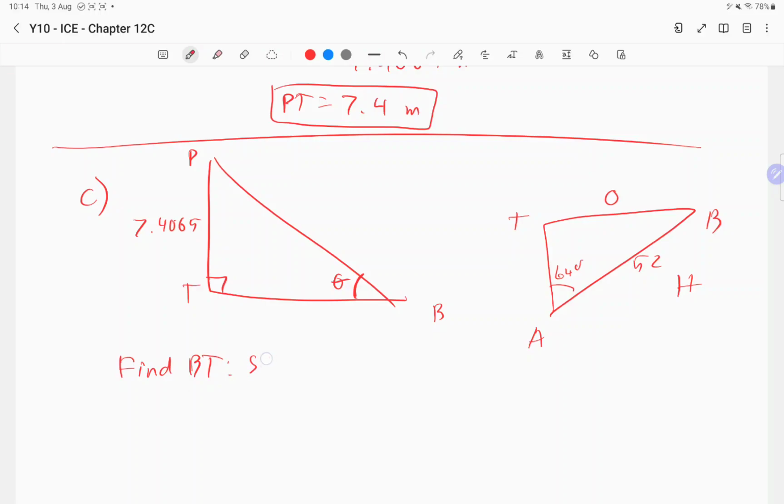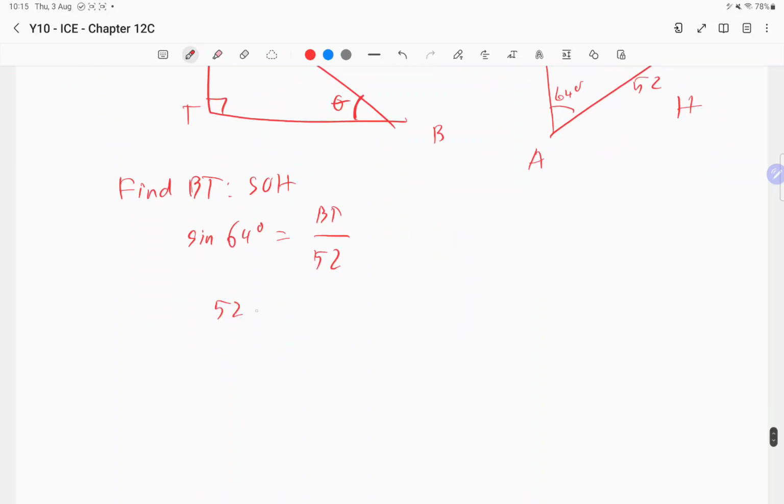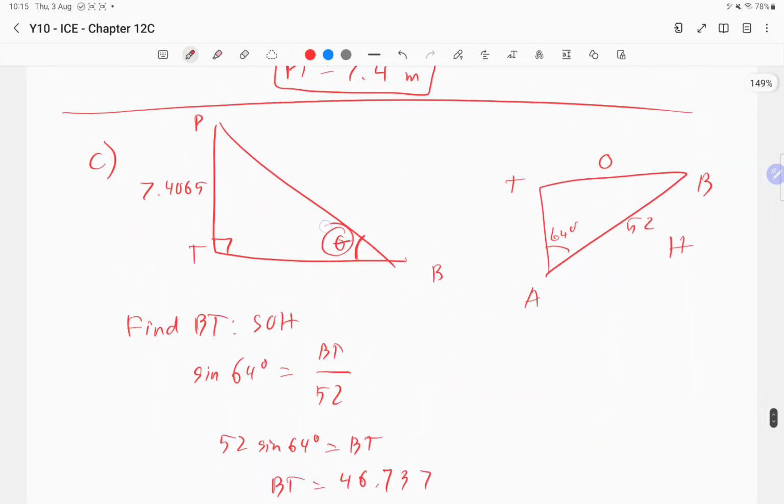Using SOH from SOHCAHTOA, sine of 64 degrees is equal to opposite, which is BT, over hypotenuse, which is 52. So times 52 to both sides, then BT would be 52 sine of 64 degrees. And in the calculator, that BT would be 46.737. We don't need it to one decimal place because they're not asking for BT. They're asking for the angle of elevation here.